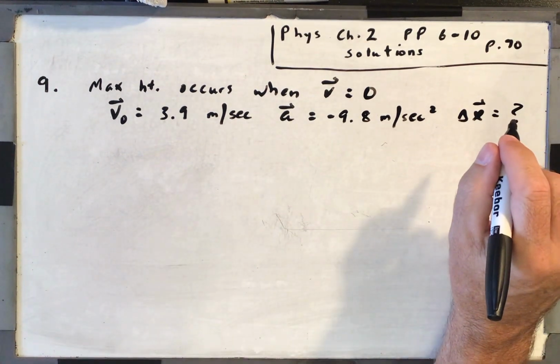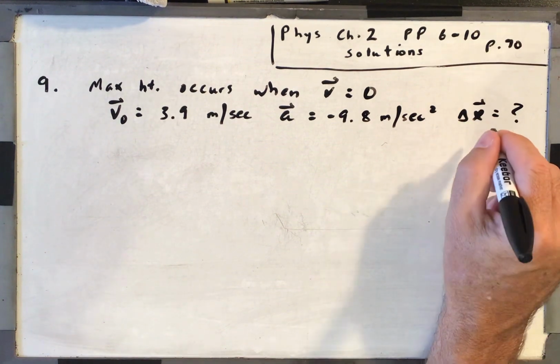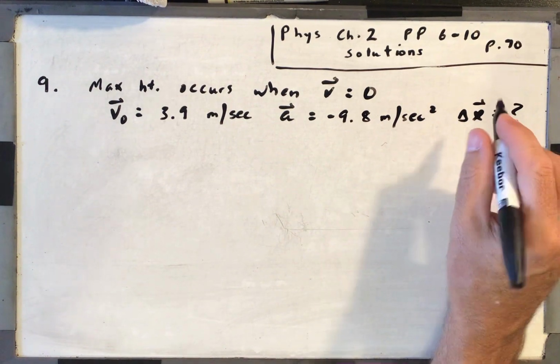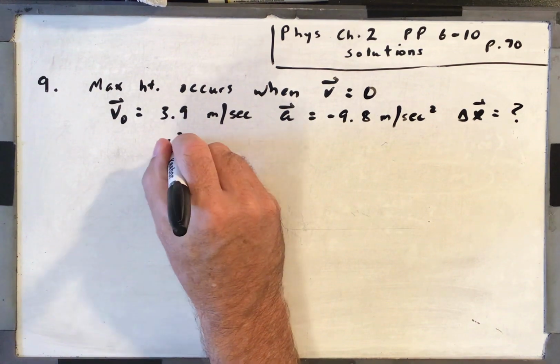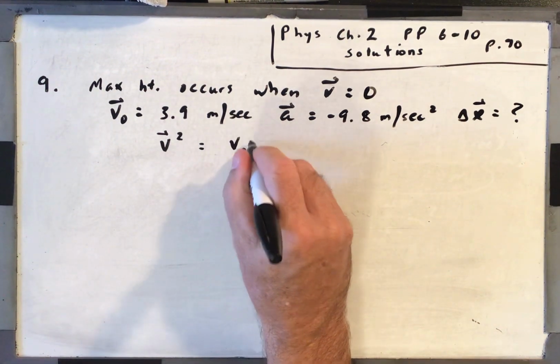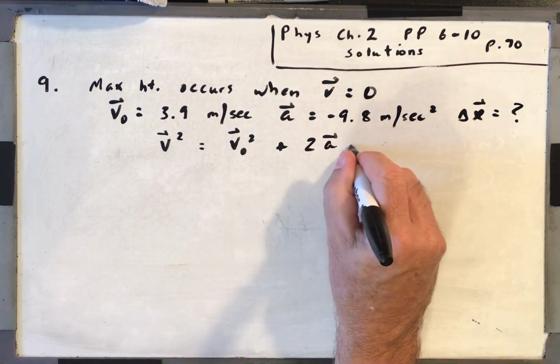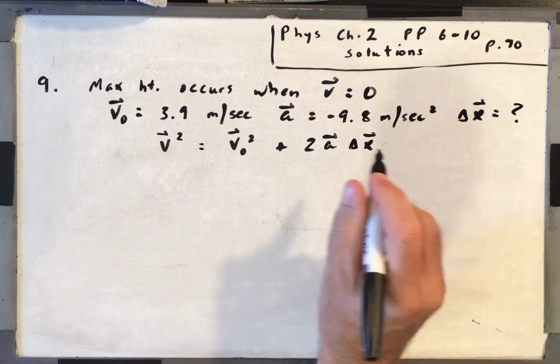We don't know anything about time, but we do have enough information to plug all this into equation number 2. So that's velocity squared is equal to initial velocity squared plus 2 times acceleration times delta x.